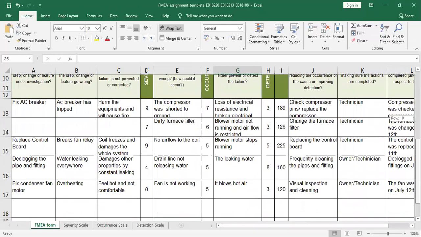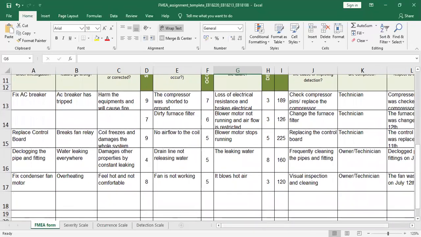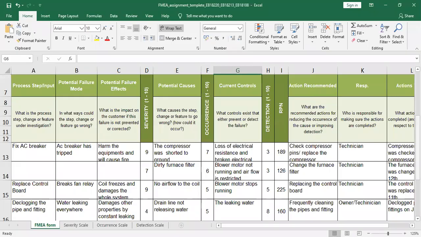Secondly, the other problem is to replace the control board. The potential failure mode is a broken fan relay, and the effect is that the coil freezes and damages the whole system. The severity scale is 9 because it's hazardous but has a warning.